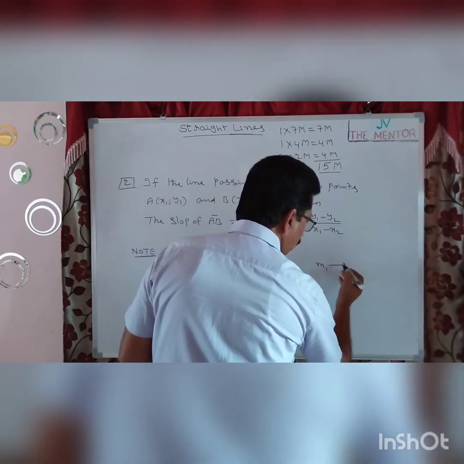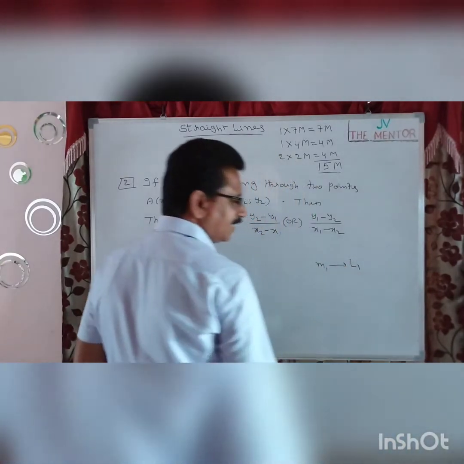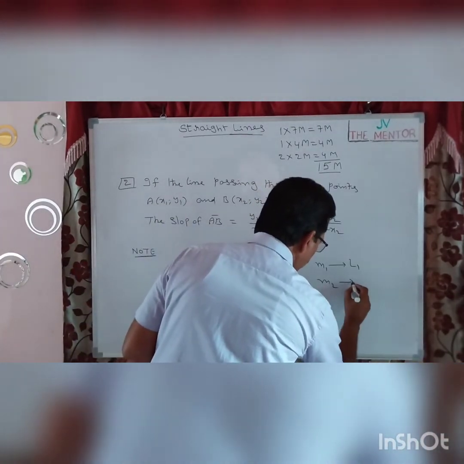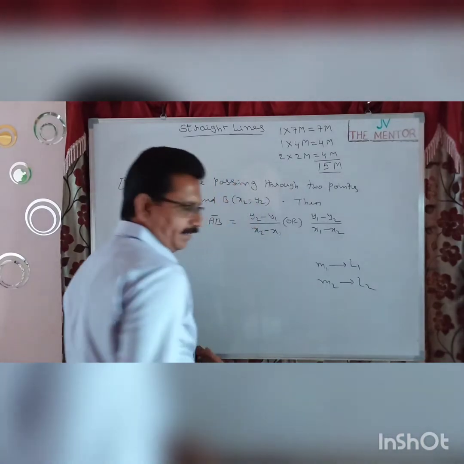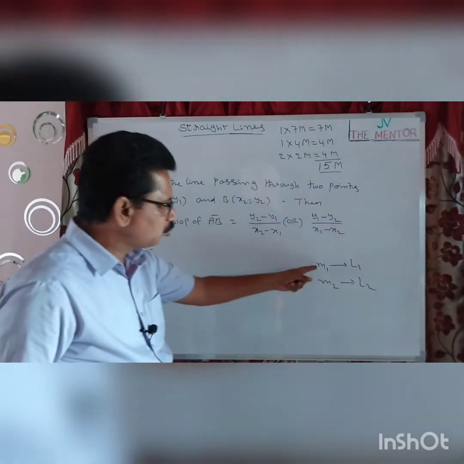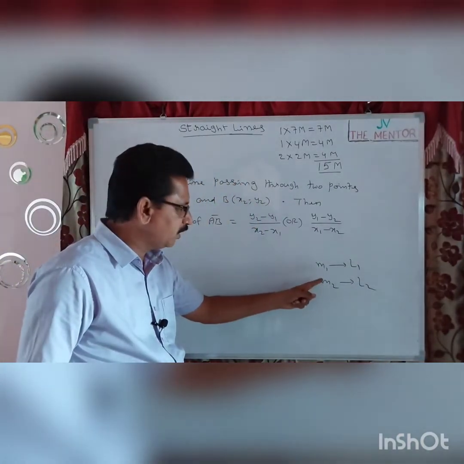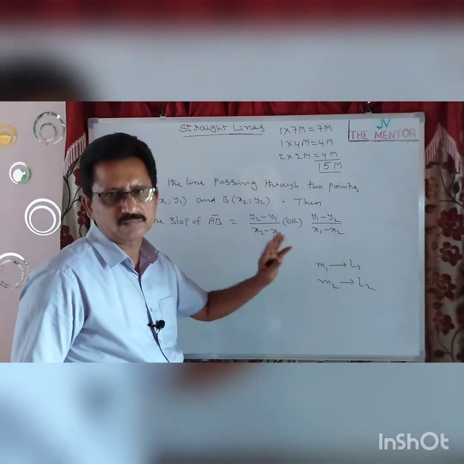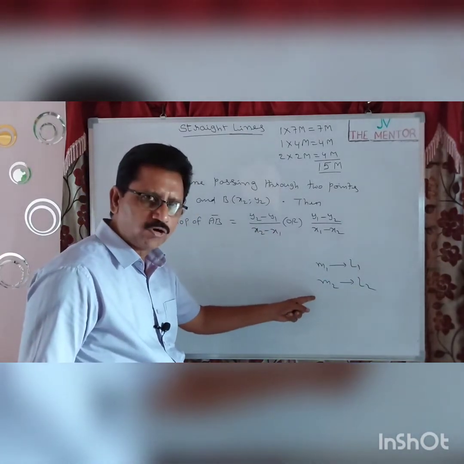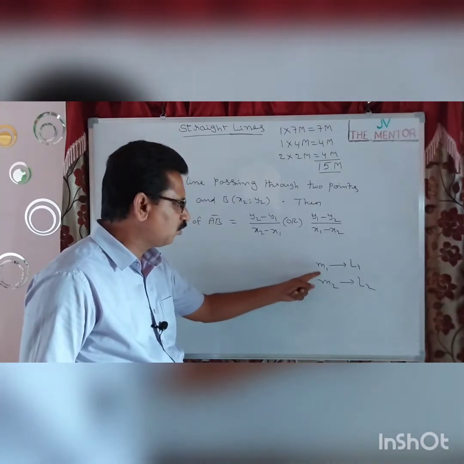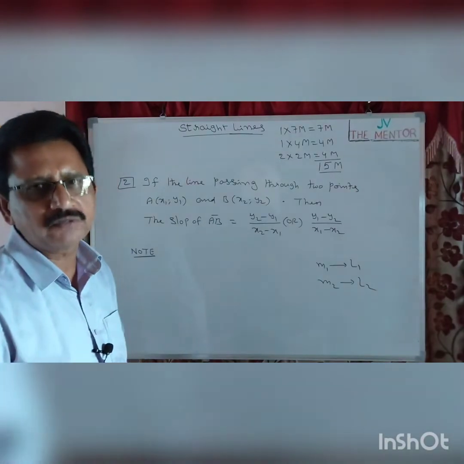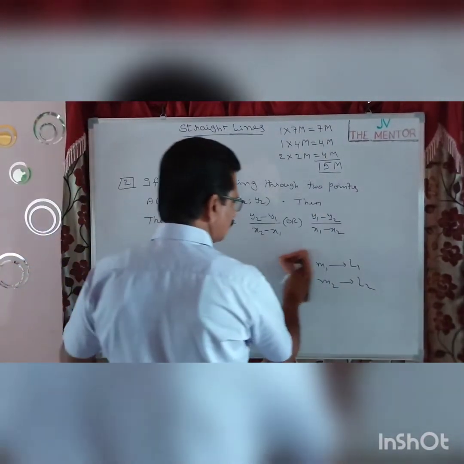M1 is the slope of the first line, that is line 1. M2 is the slope of the second line. If the slopes are equal, M1 equal to M2, then L1 is parallel to L2. If the product of the slopes equal to -1, that means M1 into M2 equal to -1, then L1 is perpendicular to L2.